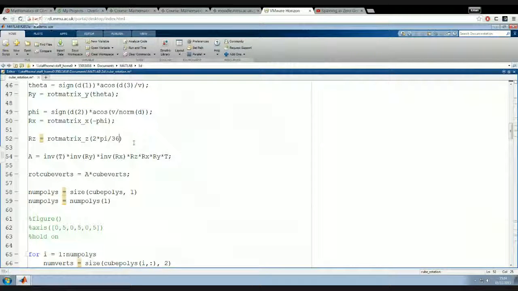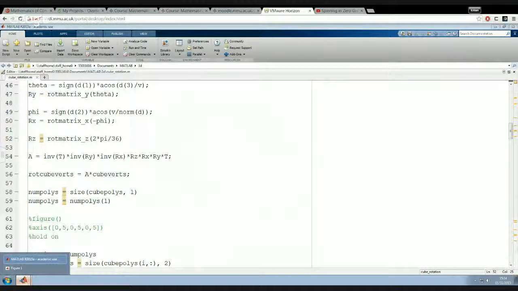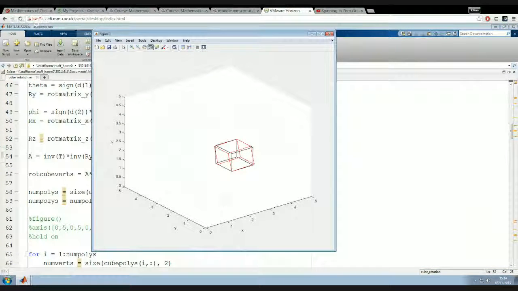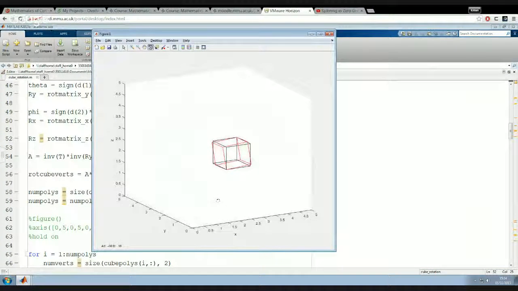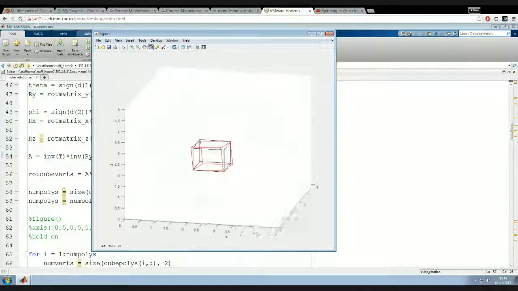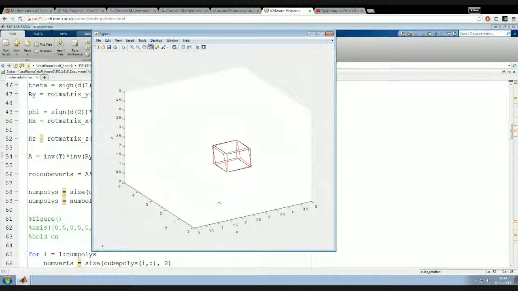You may not even be able to notice that. That's 1/36th of a full turn. Okay, so there's the black cube, and the red cube has just been ever so slightly rotated. Okay, so that's our first look at 3-dimensional rotations.